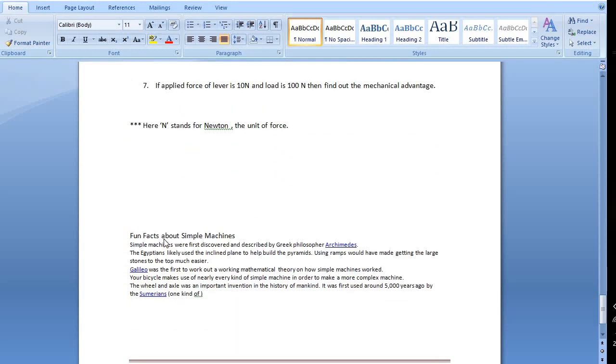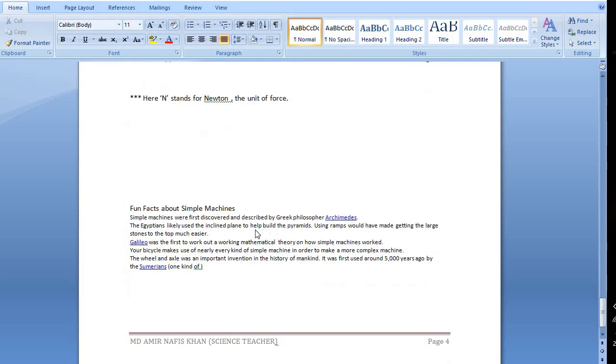And here are some fun facts about simple machines. The simple machines were first discovered and described by the Greek philosopher Archimedes, the great scientist. The Egyptians used the inclined plane to help build the pyramids, and using ramps made getting the large stones to the top much easier.